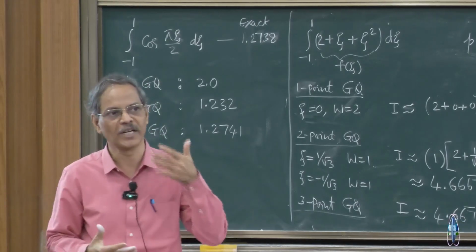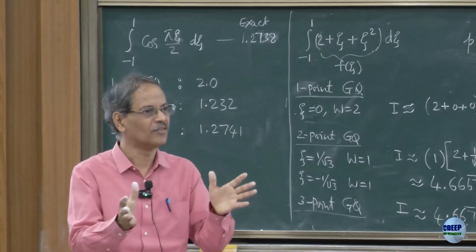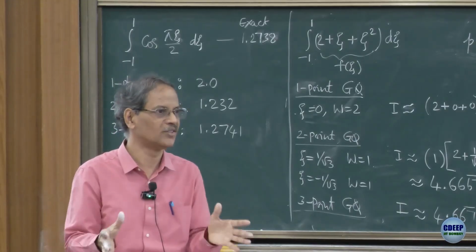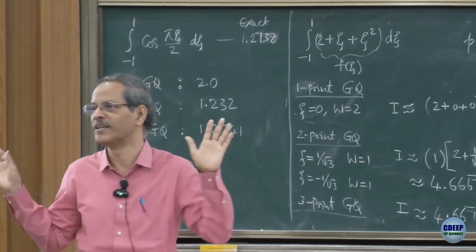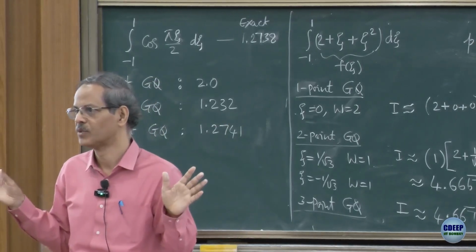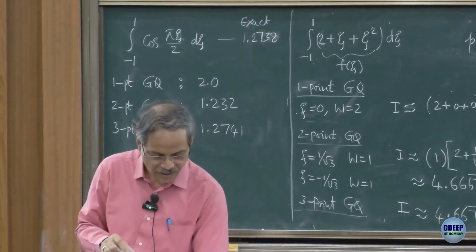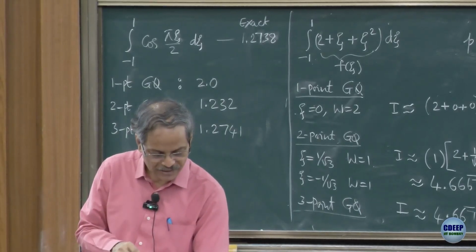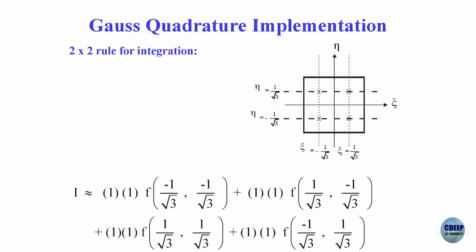Even when we chose quadratic expressions, the integral was easy to manage, so I actually integrated it out exactly. Now, to extend it to 2 dimensions, we do it this way.